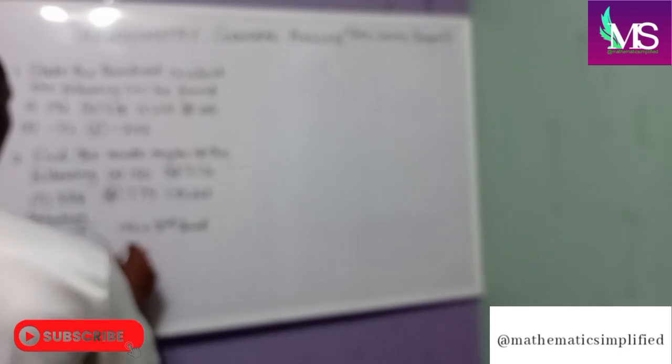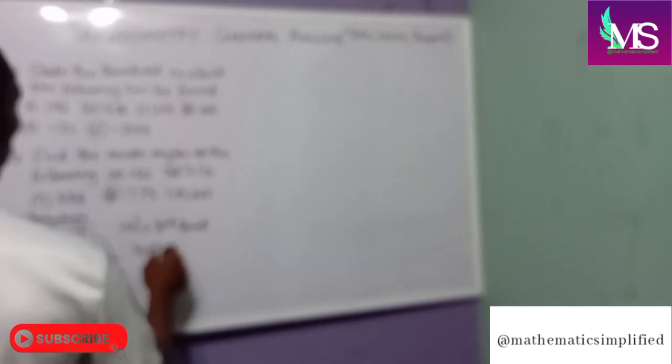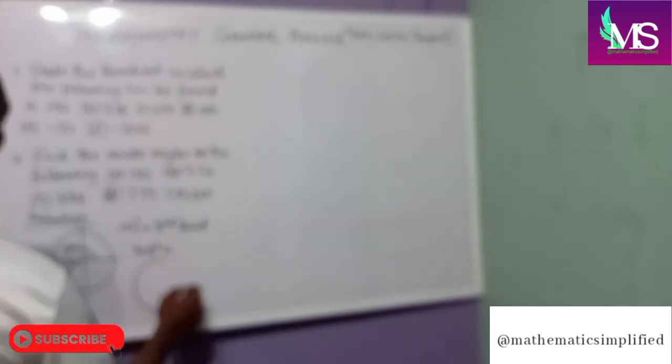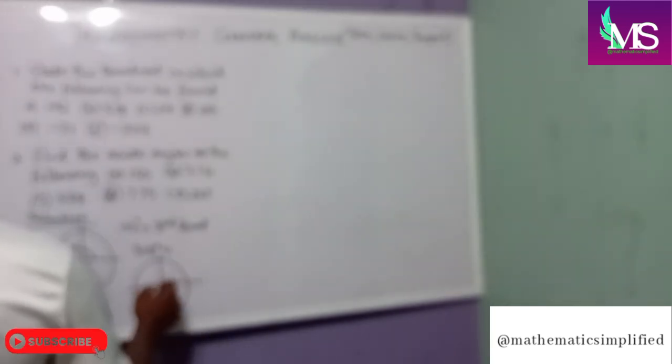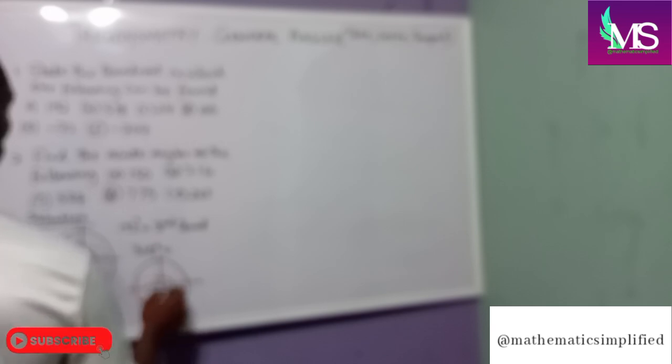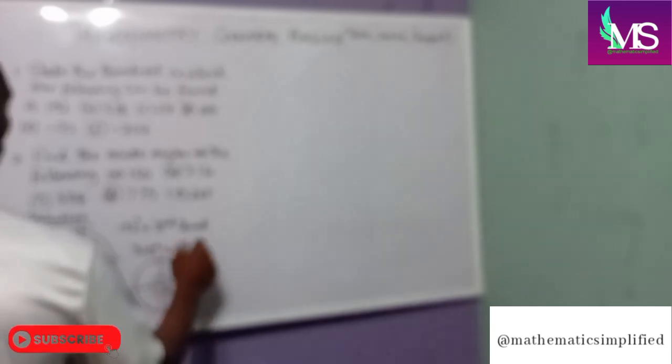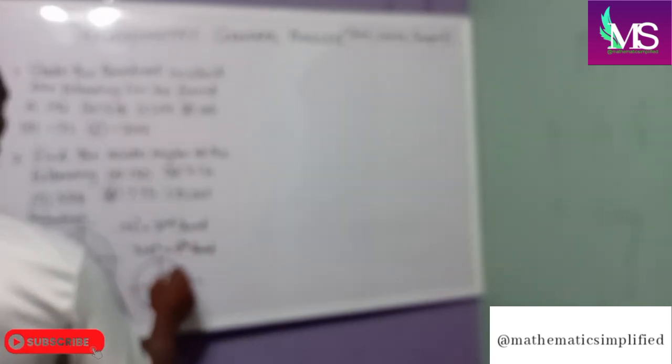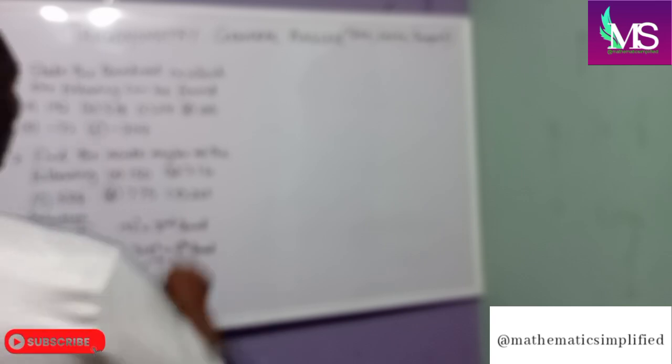Now looking at 318 degrees, in which quadrant would it be found? 318 is greater than 270 but less than 360, so it will be found in the fourth quadrant. Now looking at 24.